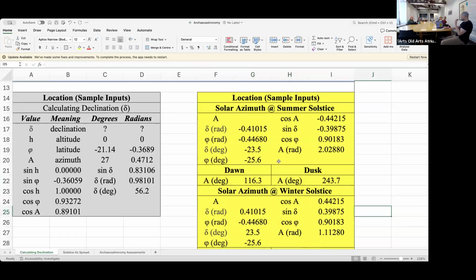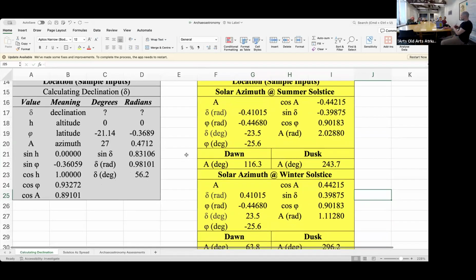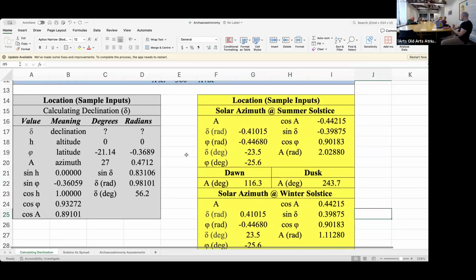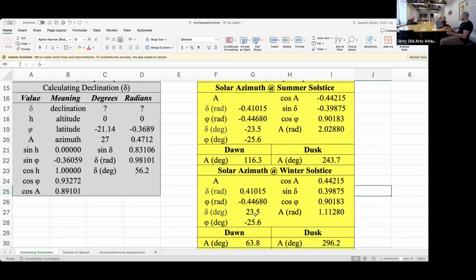So we can also do it in such a way as, well, what is the azimuth of something going to be if we already know what the declination is? So we're just going back, if we're going to measure something, we need to figure out what the azimuth is going to be. So this is assuming we already know the declination. Summer solstice, it's minus 23.5. Winter solstice is 23.5. If you're in the northern hemisphere, they're exactly opposite. All right.